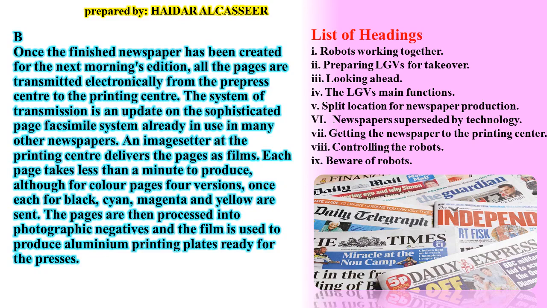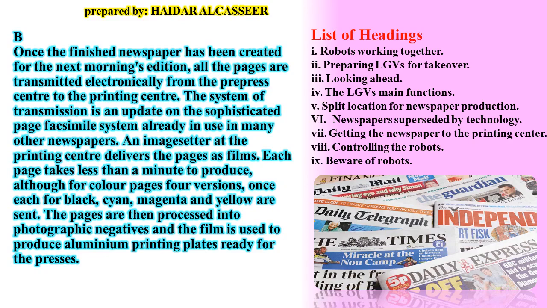Let's come here. The first one, robots working together, we don't have it. Number two, preparing LGVs, we don't have any LGV. Looking ahead, it doesn't talk about the future. The LGV's main functions, it doesn't talk about LGVs or main functions. Number five, we have already chosen it, so we leave it. Number six, newspaper superseded by technology.